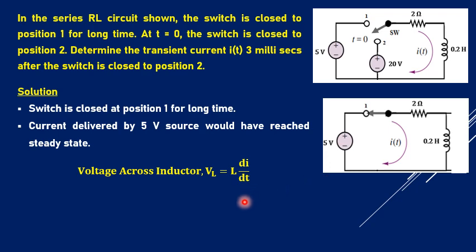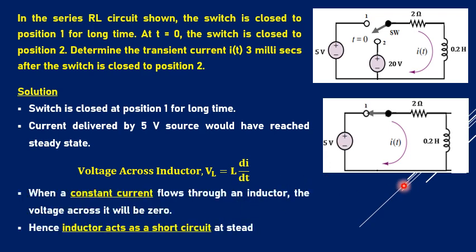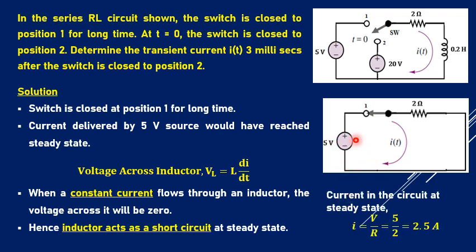That means the inductor will act as a short circuit. So the effect of the inductor is no more in this circuit. Then the current flowing through the circuit at steady state will be simply V by R, that is 5 by 2, which is 2.5 amps.